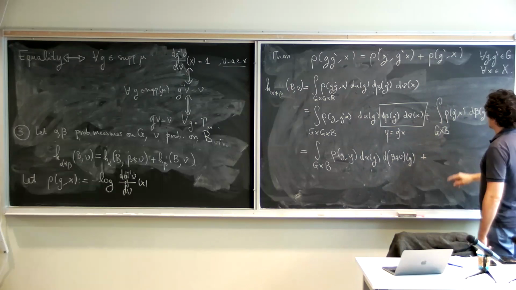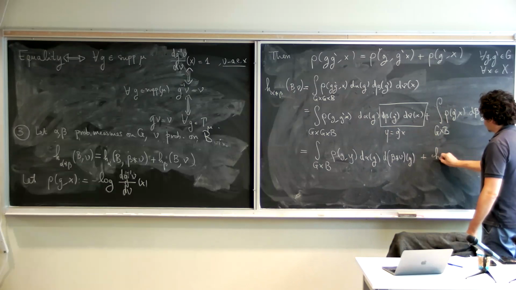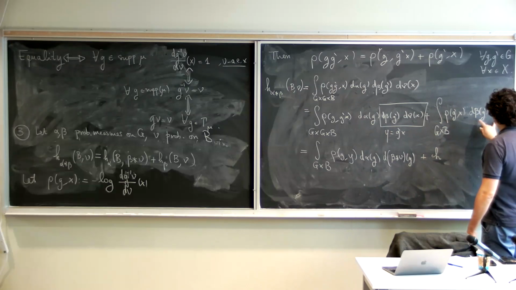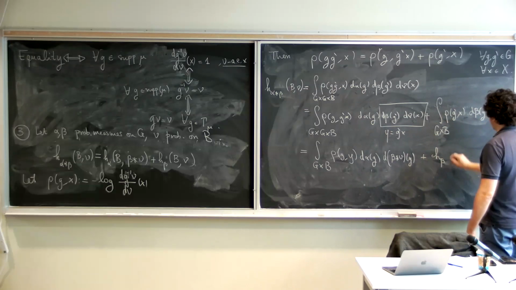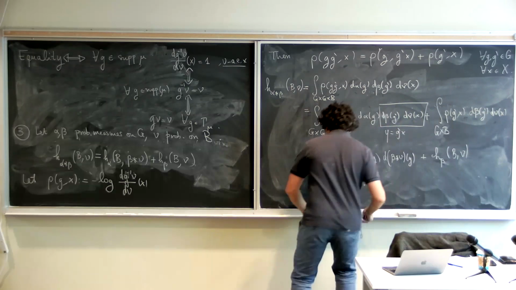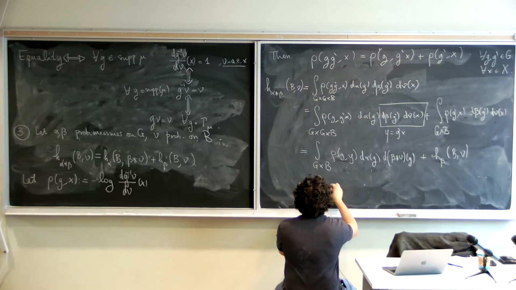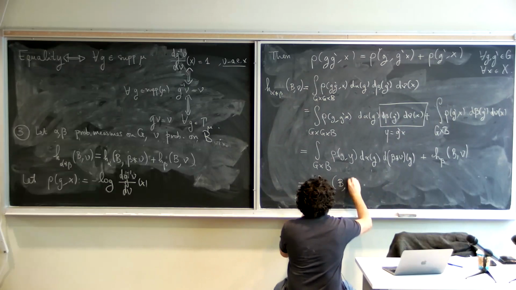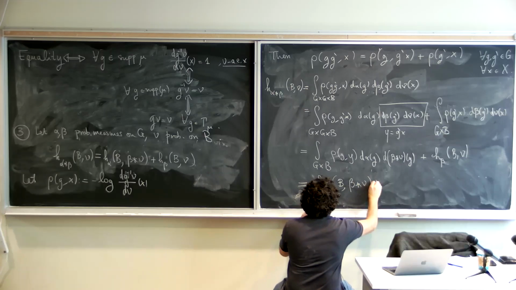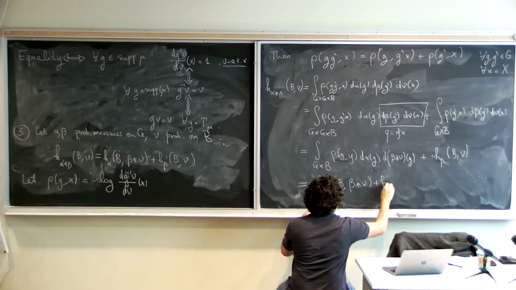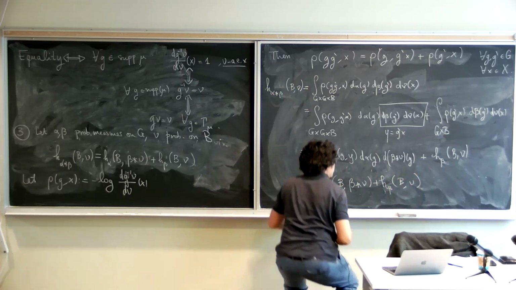And this is, by definition, the H of beta of B mu. And this is by definition H of alpha of B with the measure beta star nu, plus H of beta of B nu.